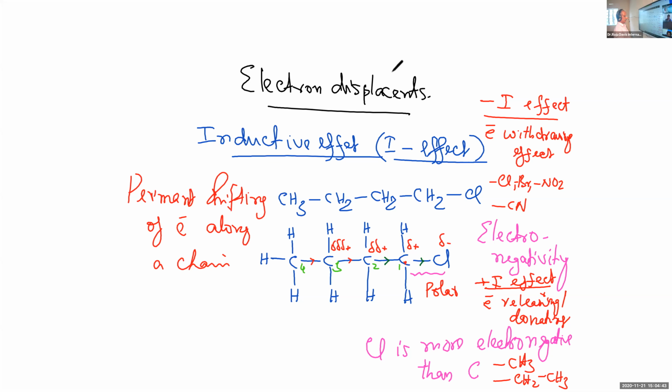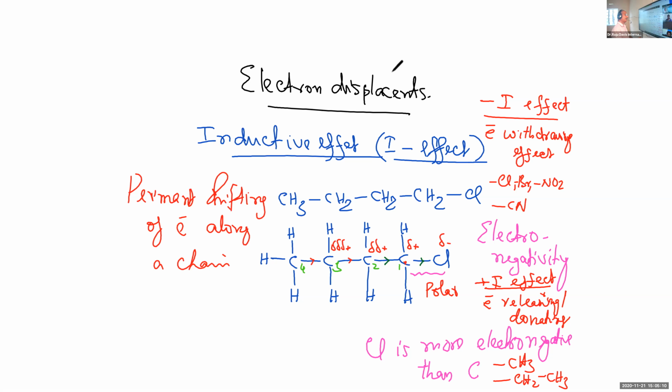Let me repeat this. Inductive effect means a permanent effect. It's a permanent shifting, not a complete removal. There is no complete transfer. If there is complete transfer, positive and negative ions will be formed. Then it is not inductive effect.